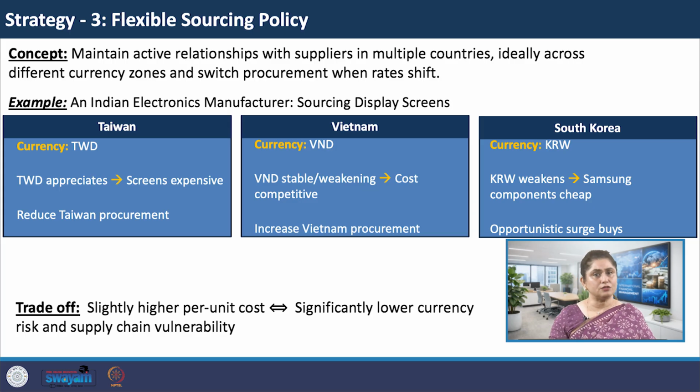And when currencies move, that flexibility can deliver savings far greater than its cost. The one non negotiable requirement is what is called supplier qualification, building and testing these relationships during calm market conditions. So, when currencies move, the firm is ready to switch immediately.